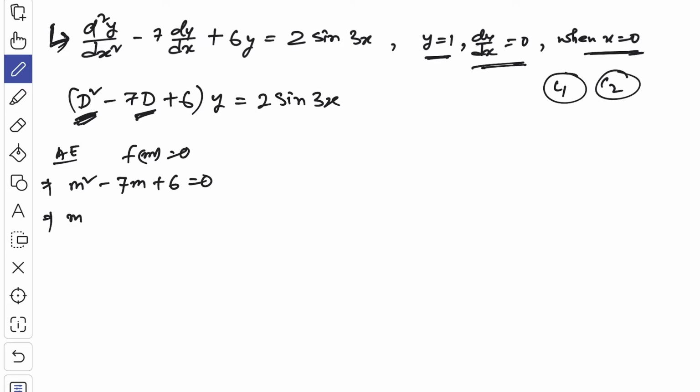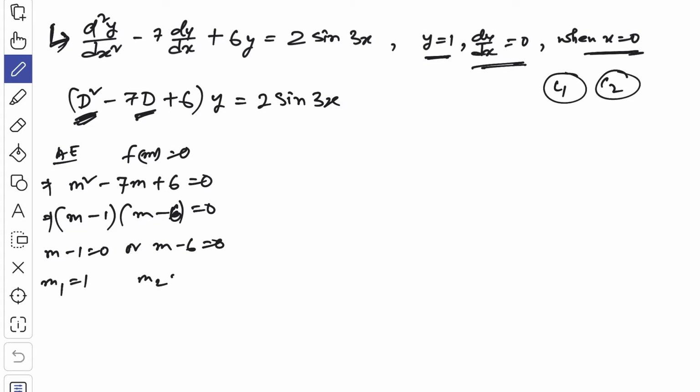If you factorize this, what do you get? m minus 1 into m minus 6. I hope you know how to solve these kinds of equations, so I'm not going to explain it. So m minus 1 is equal to 0 or m minus 6 is equal to 0, which means one root is 1 and another root is 6. These are the two real and distinct roots.